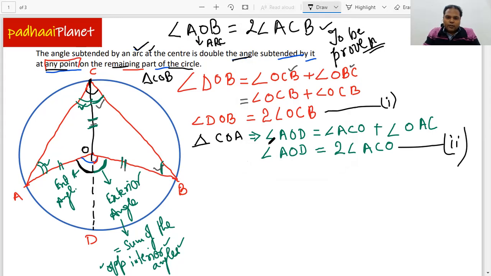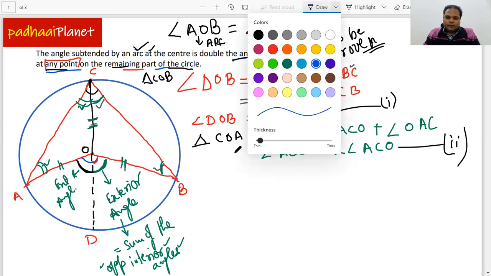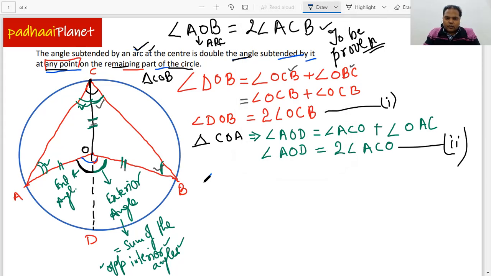So what we will get is, we'll add up angle DOB plus angle AOD, right? So let's sum them up, and we can then write angle DOB plus angle AOD is equal to this thing.